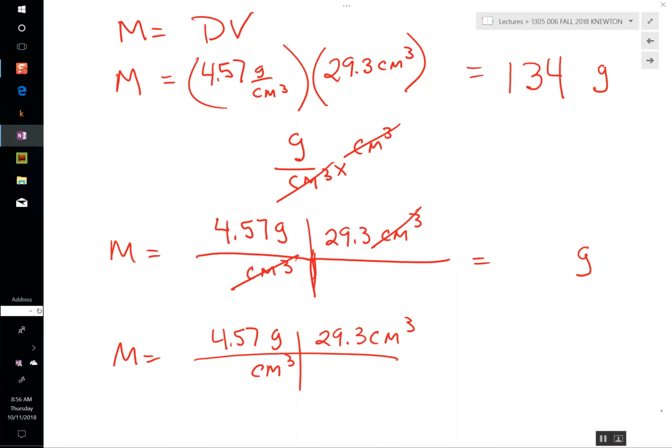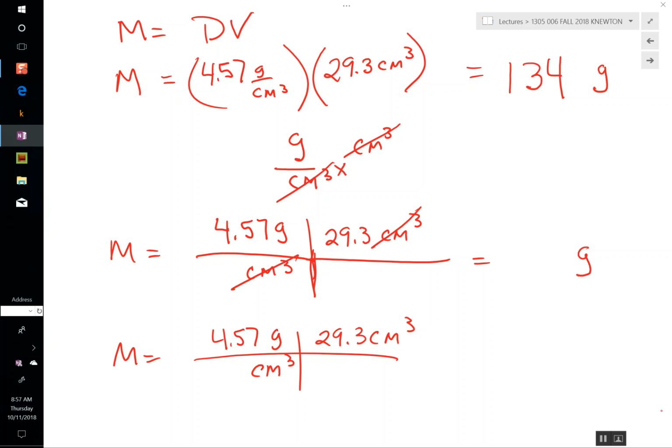Why did I do all that? So a cube that is 10 centimeters by 10 centimeters by 10 centimeters is a liter. That is the definition of a liter. The volume of space that is 10 centimeters by 10 centimeters by 10 centimeters is a liter.